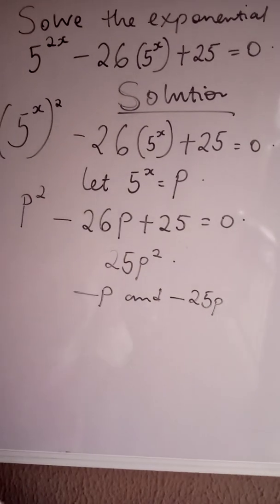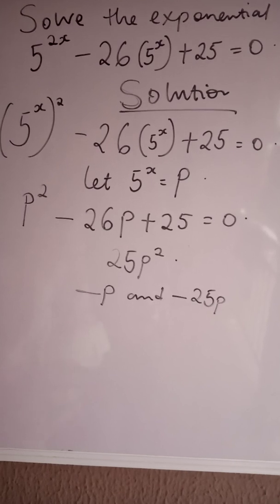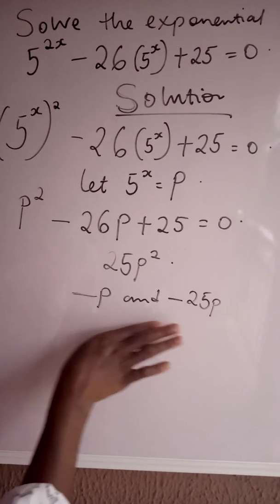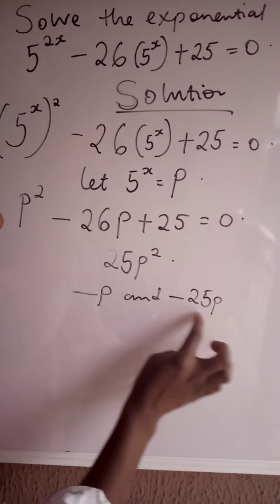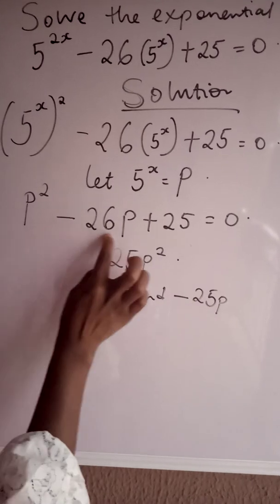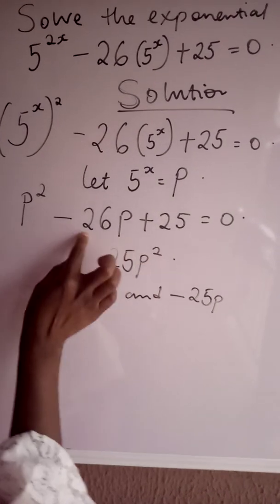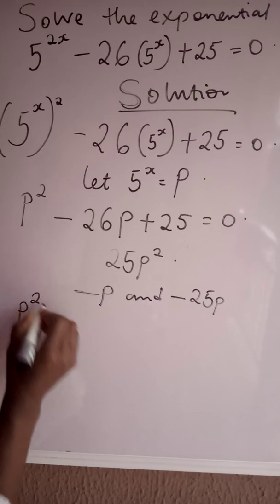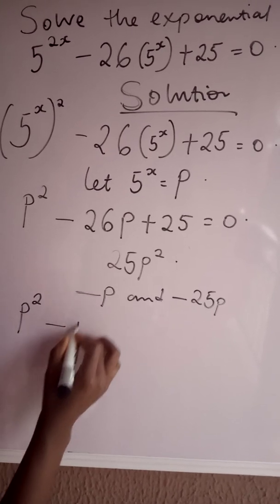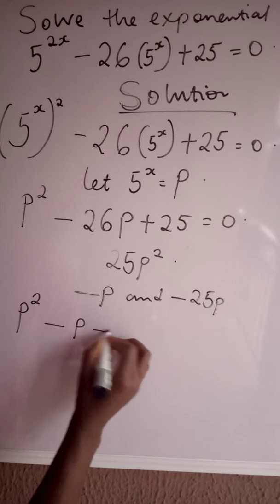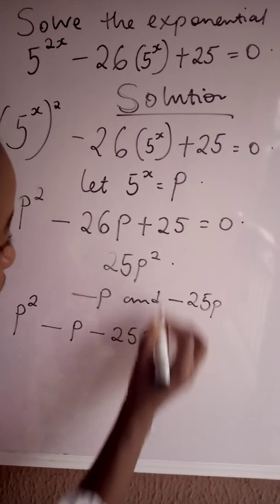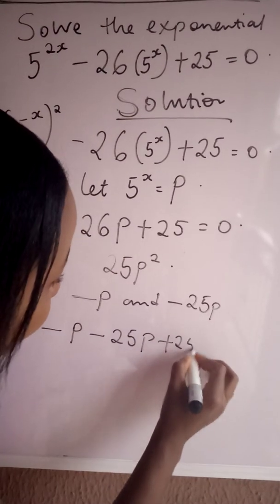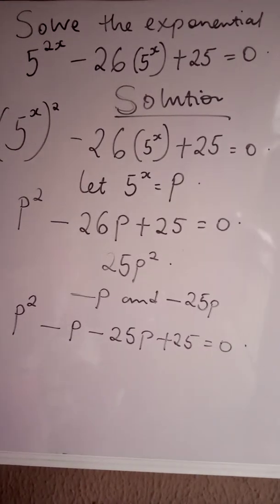So this is what we are going to use. We are now going to substitute minus p minus 25p in place of the middle value minus 26p. So it's going to be p squared, then minus p, then minus 25p plus 25 equals 0.